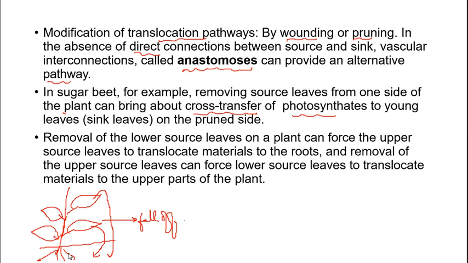Lower leaves, since they are closer to the root, will transport the solute to the root. If lower leaves are removed, the leaf from the upper side will transport the solute to the root. Similarly, if upper leaves are removed, then lower leaves are forced to transport to the root and also to the growing tip. So this is known as anastomosis, where alternative connections develop to transport the solute.